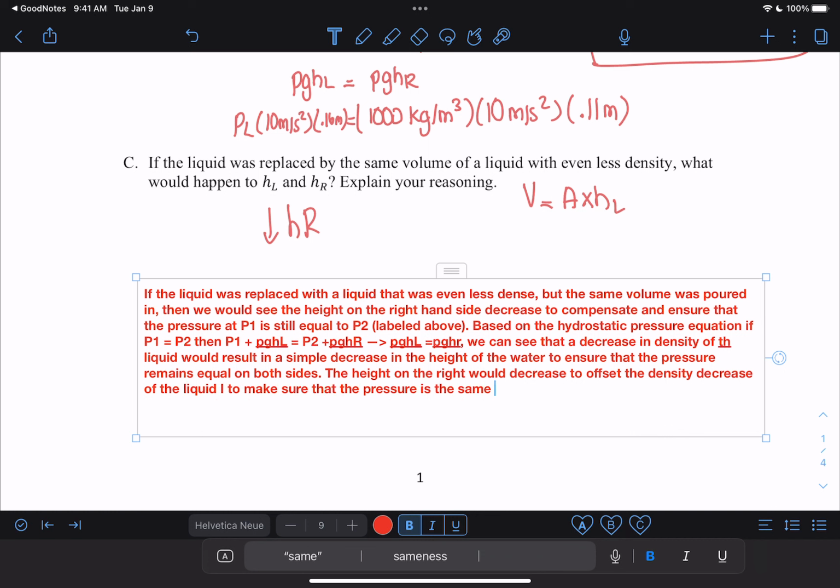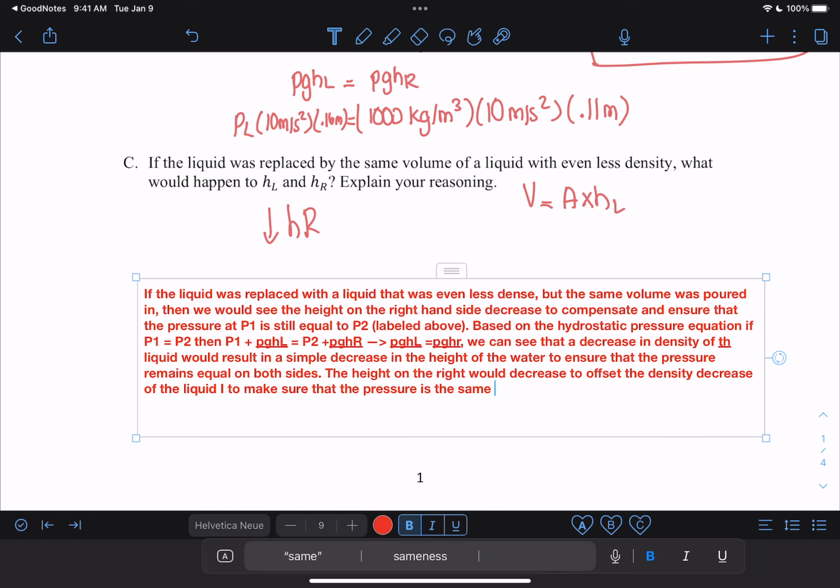The height of the liquid on the left, though, will remain the same because we kept the same volume of liquid. And so then you can refer to the volume equation. Volume is equal to area times height of the liquid.